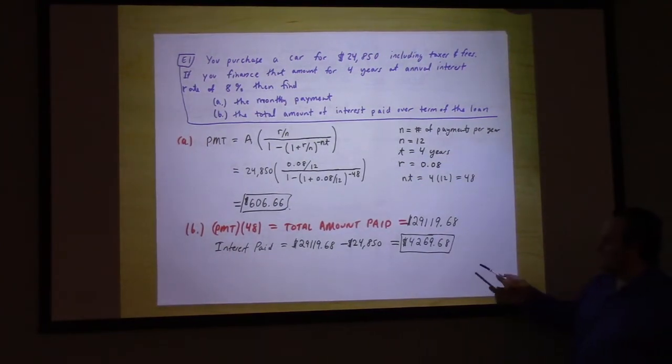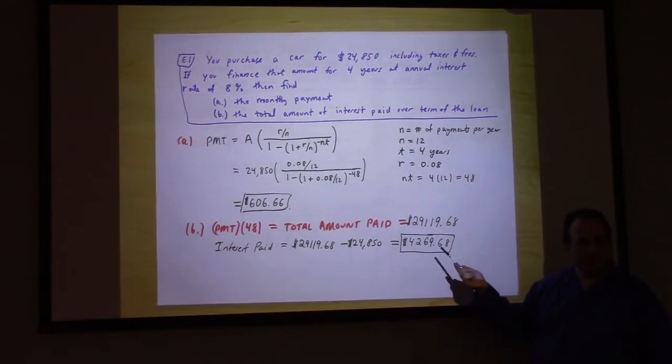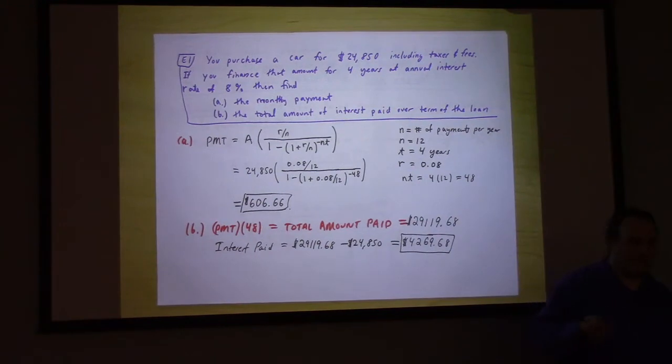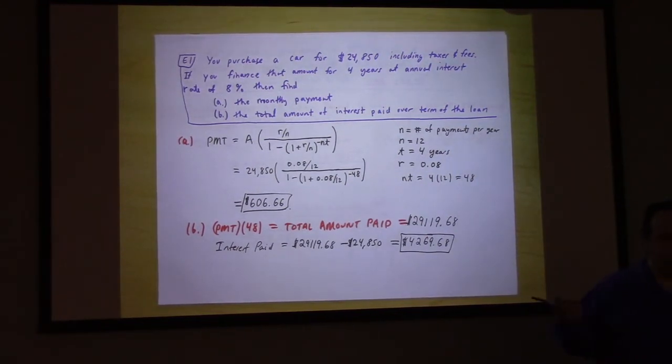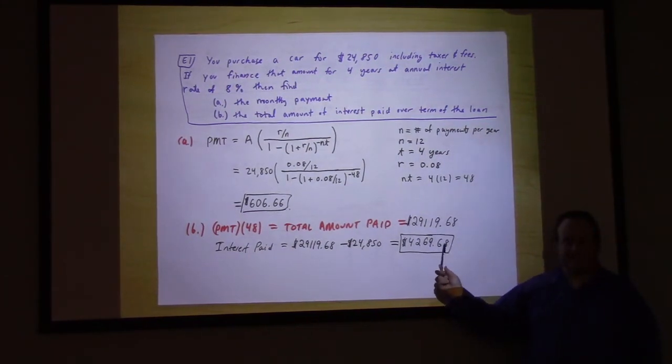In some sense, if you wanted to buy the car without financing, if you've got $24,850 just sitting in your pocket, you can just buy the car outright, right? If you do that, how much money have you saved? You've saved yourself $4,269.68.